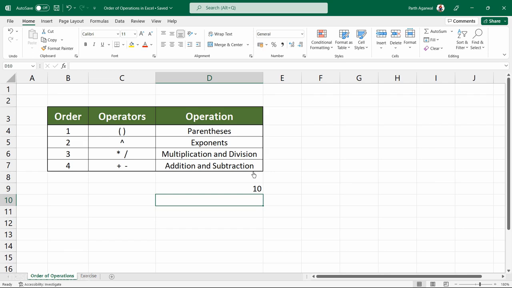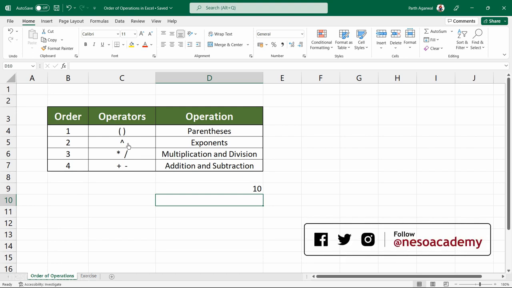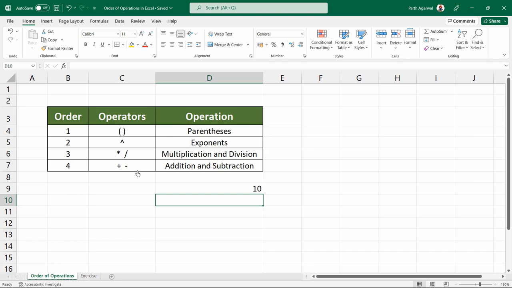And by the way, this is not the rule of Microsoft Excel. Basically, this is the rule of algebra. Anything in the parentheses happens first, then any calculation that includes exponents, then anything that's multiplied or divided, and then anything that adds or subtracts. So I really hope that this order of operations is clear to you.